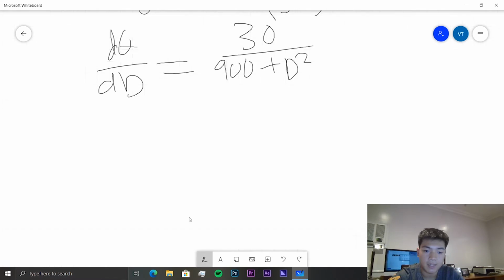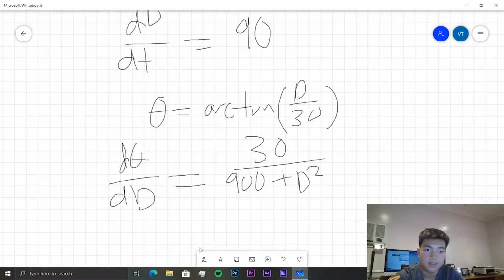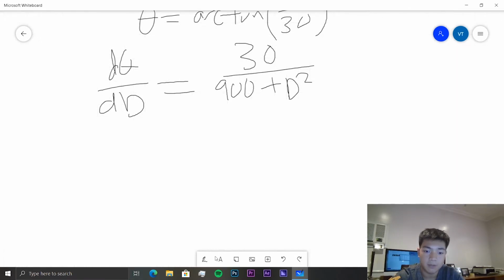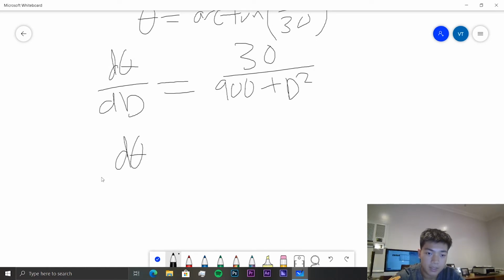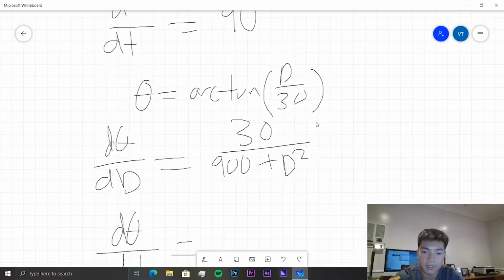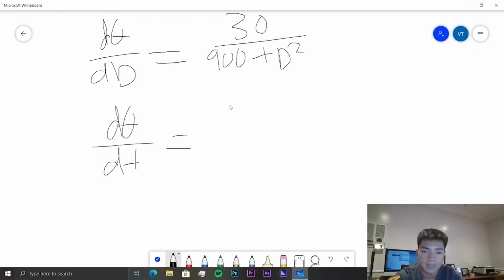We need to find d theta over d time. So d theta over dt is equal to 90 times this. Just multiply these two. We get 90 times 30, 2,700 over 900 plus d squared.